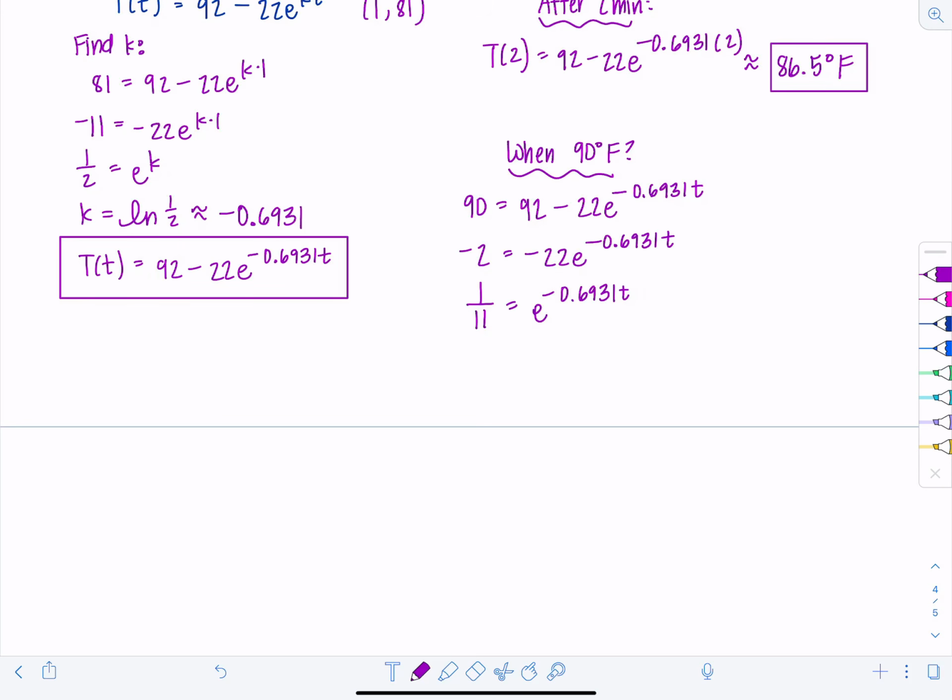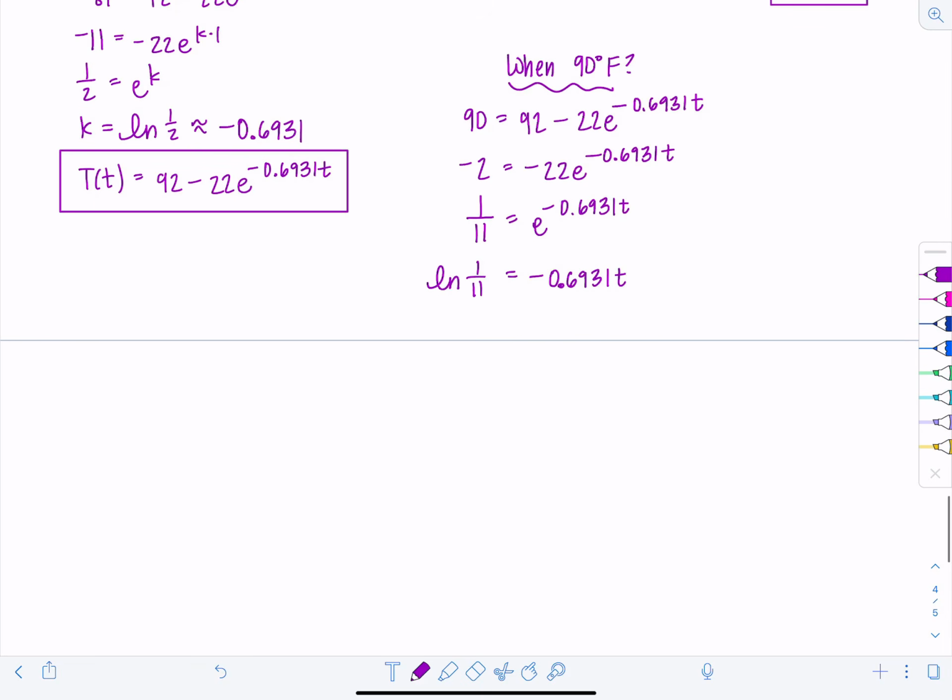And then take the natural log of both sides, so ln of 1 over 11 equals negative 0.6931t. And then divide both sides by negative 0.6931, and you get t equals ln of 1 over 11 over negative 0.6931, which is about 3.5 minutes.